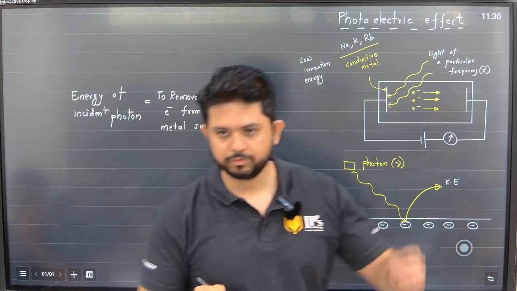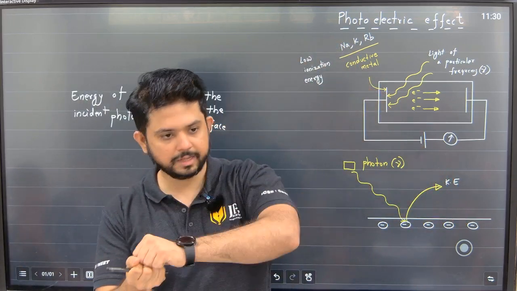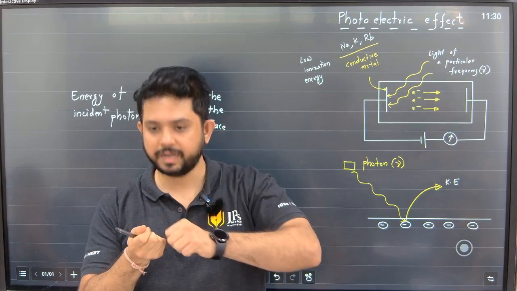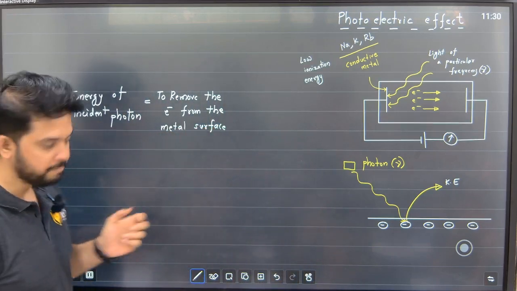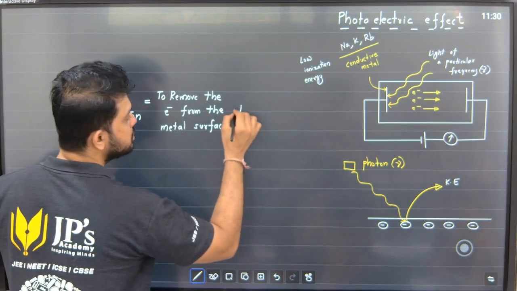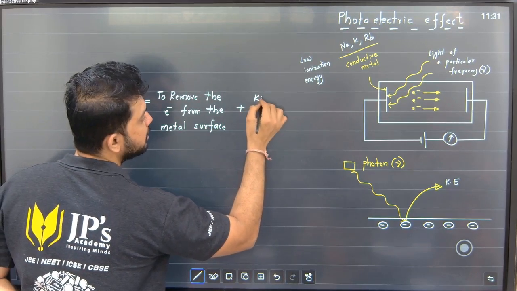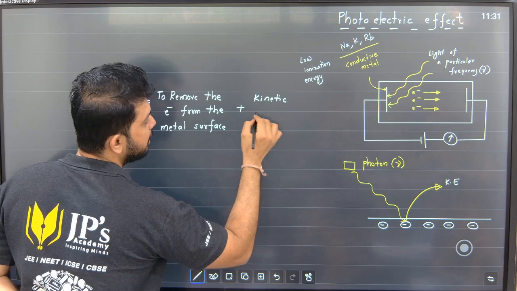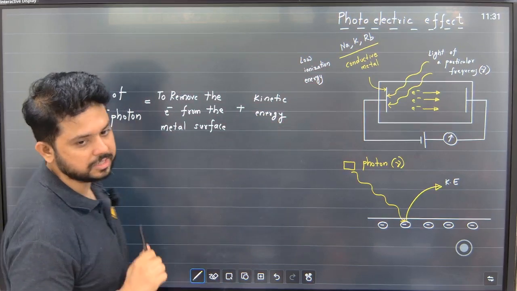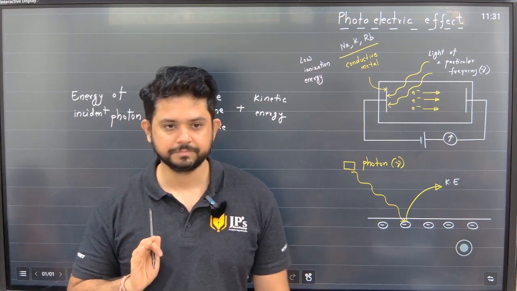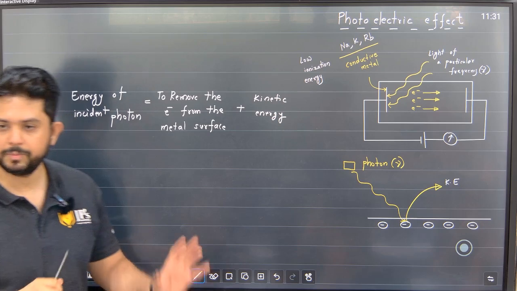So the photon came, collided with the electron, and the electron got excited. So to remove the electron from the metal surface, and it is also used to give some kinetic energy to the electron. Did you get that?